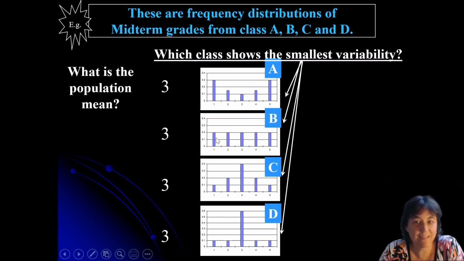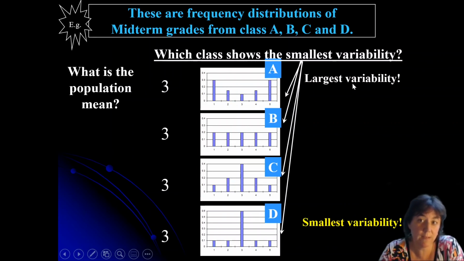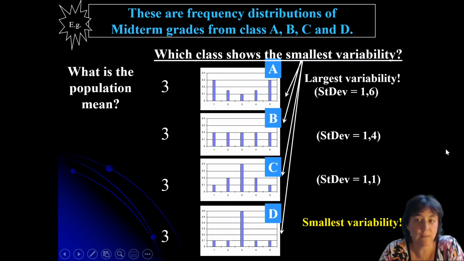It's just that the distribution tells us that every grade has been there with the same ratio, but it doesn't mean that this has the smallest variability. The smallest variability is where the individual data points are closest to the center, which we defined as 3. So it's this distribution with the smallest variability. This is obviously the largest. They're very far from the center. And this is just to give you the actual values in standard deviations.